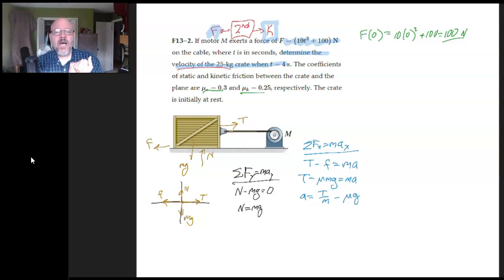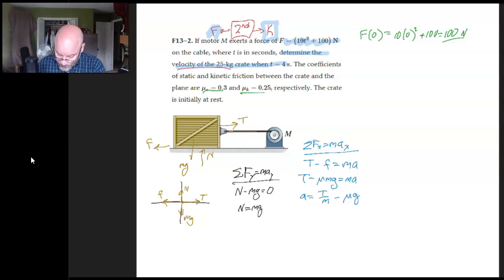Or the case could be, instead of having to wait a few seconds, that 100's plenty. There it goes. So what we'll do is look at the static friction and figure out how much it resists. Can the static friction resist 100 newtons of force or not?